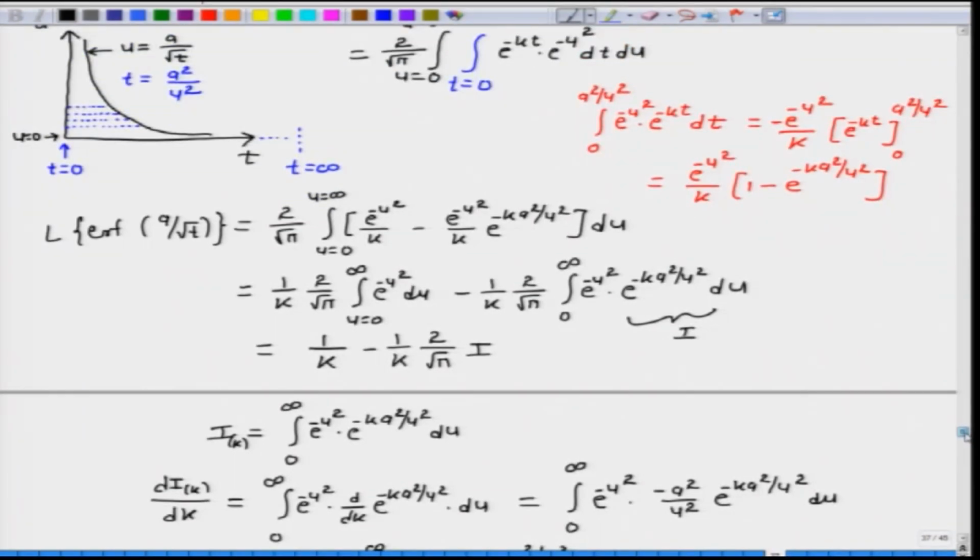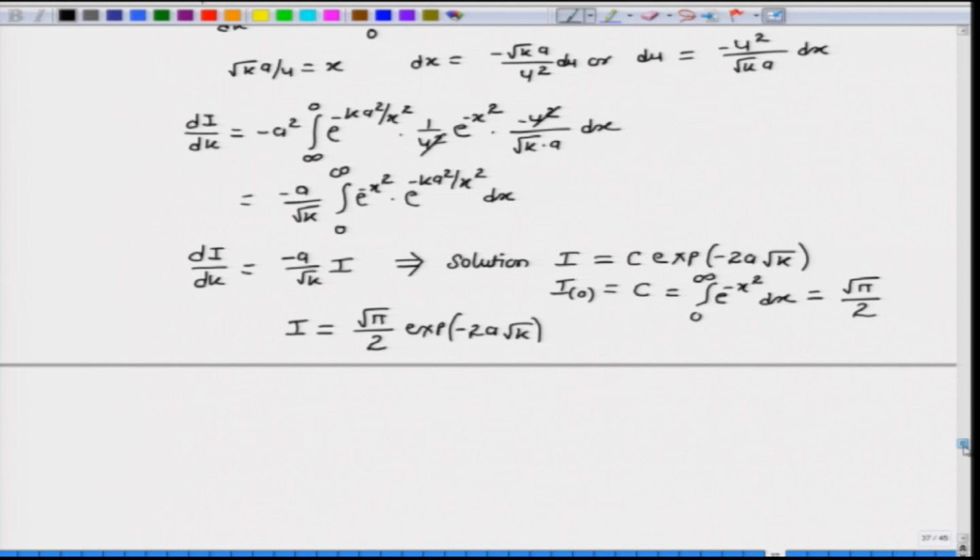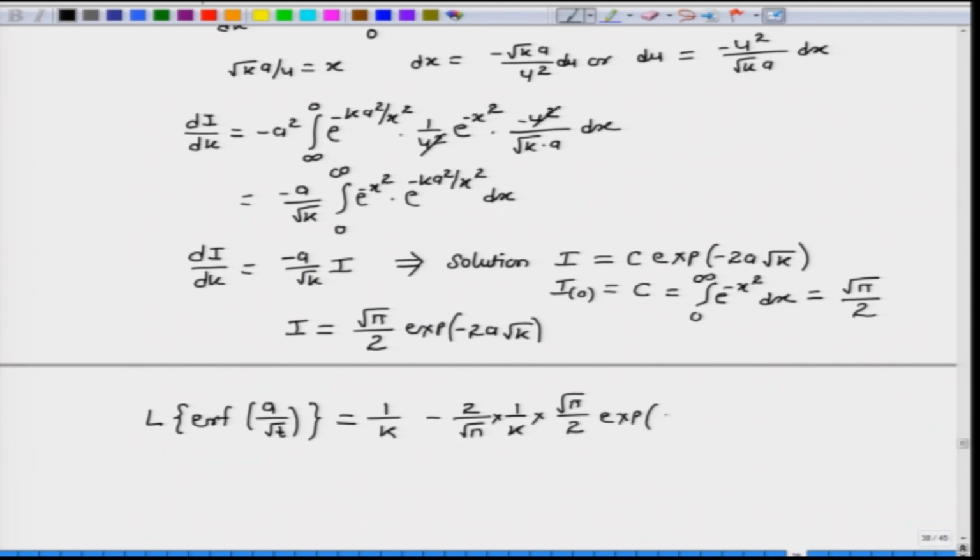So, if we substitute back in this equation here, 1 over k minus 1 by k 2 over root pi times I, and I is nothing but root pi by 2 exponential minus 2a root k. So, Laplace transform of error function of a over root t should be equal to 1 over k minus 2 over root pi into 1 over k times root pi by 2 exponential minus 2a root k.